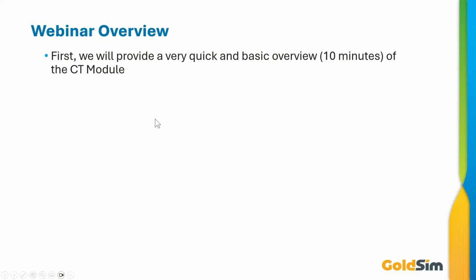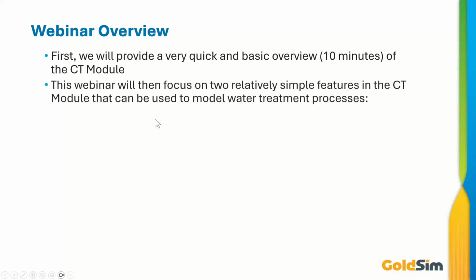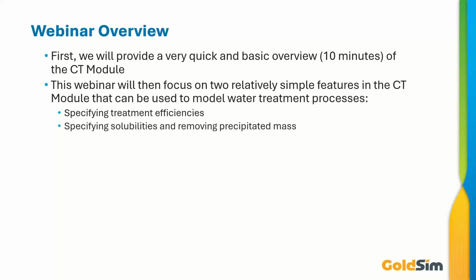So first, we're just going to do a very quick overview of the CT module, just so you understand the features we're talking about. And then we're going to focus on two relatively simple features in the CT module that can be used to model water treatment processes. One of them is specifying treatment efficiencies, and one of them is specifying solubilities and removing precipitated mass.